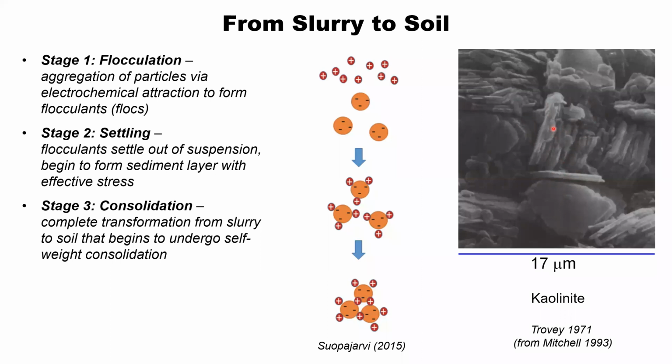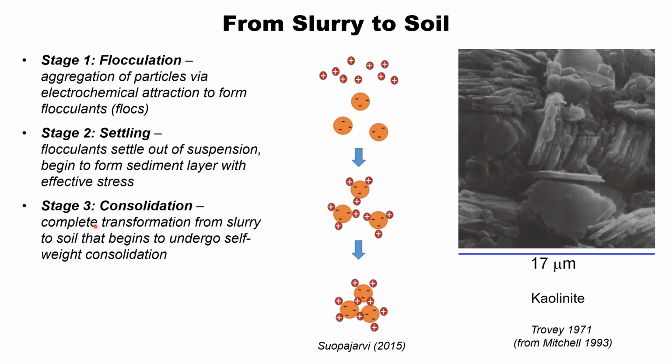As a result of this flocculation process, these particles now become larger and heavier and may settle out before they reach those idealized zones from the coarsest to the transitional zone to the finest zone in the ponded area. Now, as they become heavier, they start to settle out of suspension and form a settlement layer that is going to start to consolidate. And that's the process of this slurry now becoming a soil.